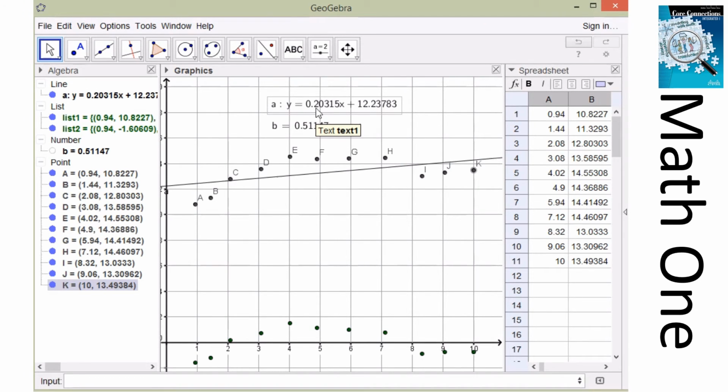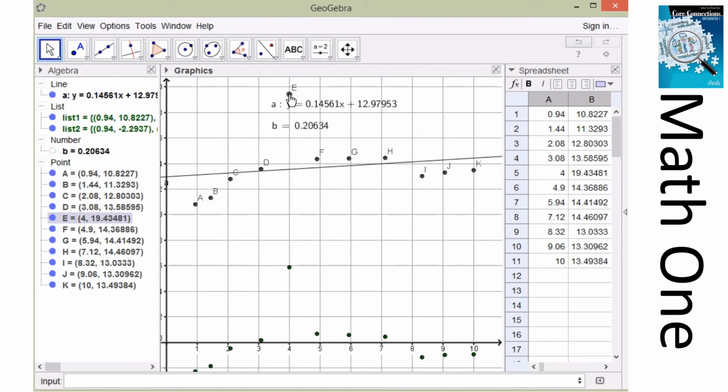You can see the slope is 0.203, so as x's are increasing, y's are increasing. And then the residuals. Each of these have residuals. In fact, at this point, E has a very, very large residual because if I plug in 4, the model says it should be right here, but the point E itself has a value way up here at 19.52.